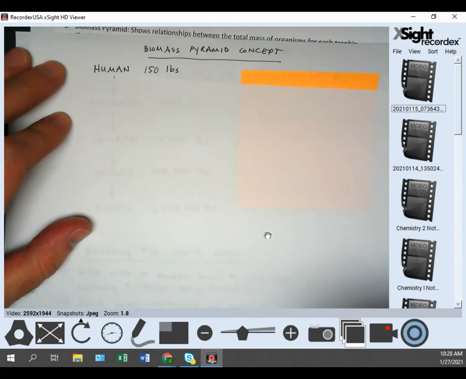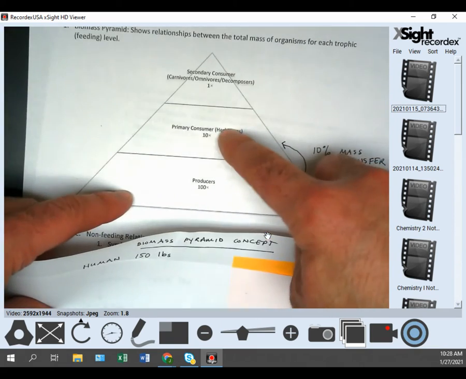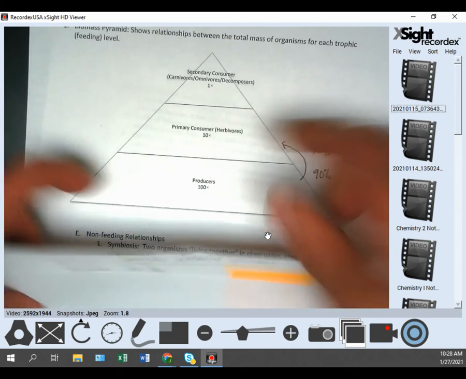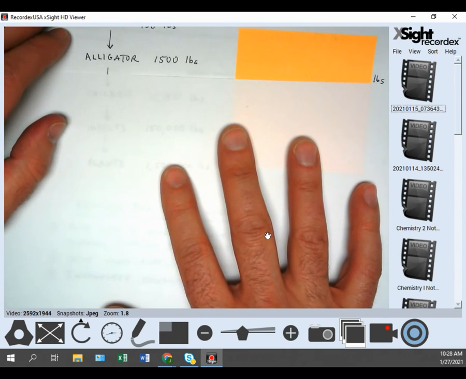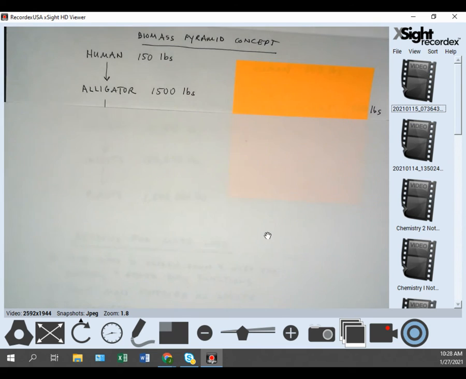It'd be 10 times, right? That's what the biomass is saying here. So we would need 1,500 pounds of alligator to make or sustain 150 pounds of human, right?